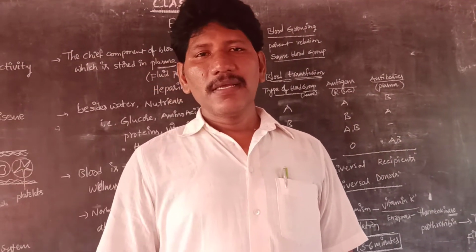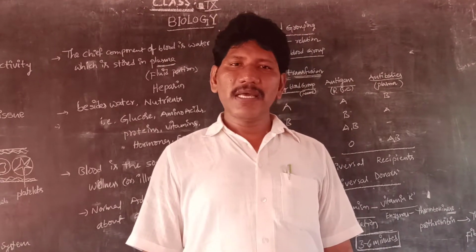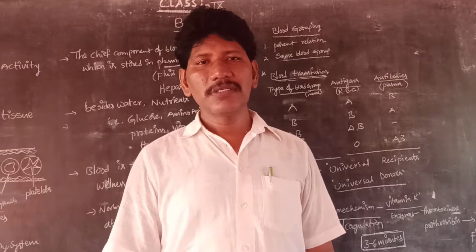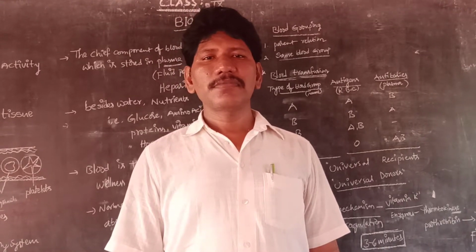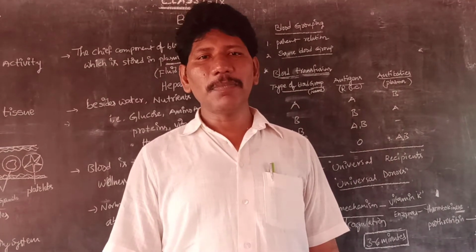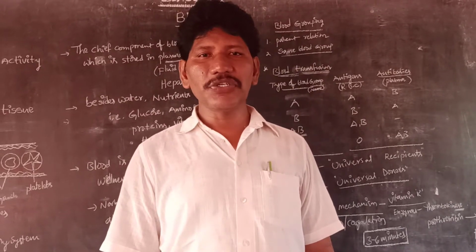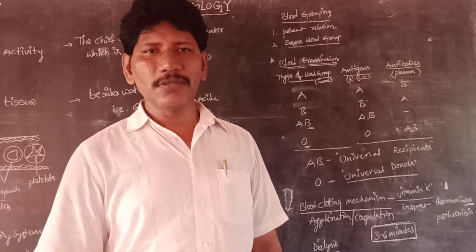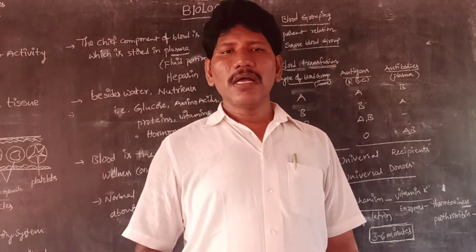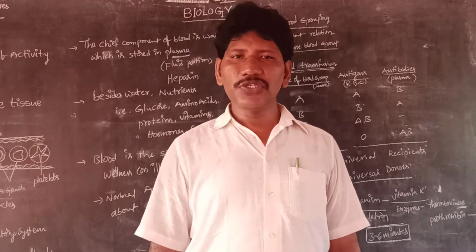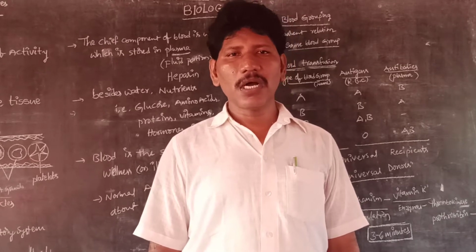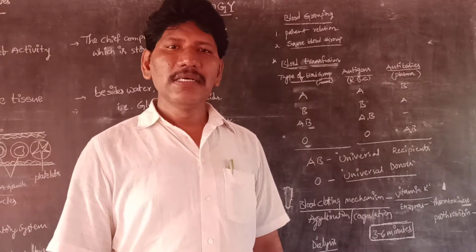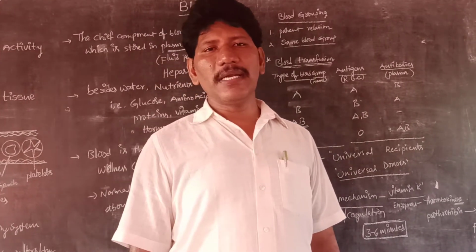Today, regarding 9th class biology, apart from the third chapter, animal tissues, we are coming to the second type of tissue, connective tissue. In this connective tissue, we already discussed the areolar tissue, adipose tissue, bones, cartilage, ligaments, tendons, the story of blood, and the amazing aspects of blood.